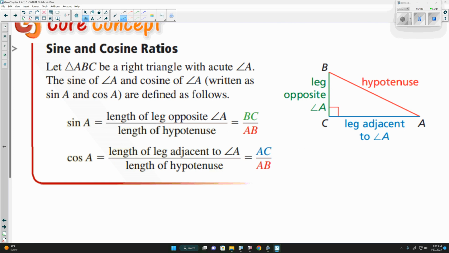Sine is going to equal the opposite side over the hypotenuse, and cosine is going to be the adjacent side over the hypotenuse. So sine of a given angle is equal to opposite side over the hypotenuse, and cosine of angle A is equal to the adjacent side over the hypotenuse.